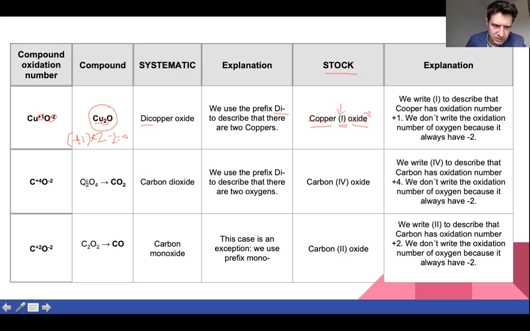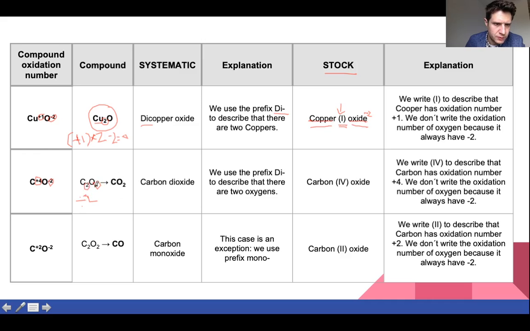Okay, in this case, carbon dioxide. This is very tricky because in this case, carbon has oxidation number 4, and we swap. Okay, we put it close to oxygen, and oxygen, of course, again is -2. We put it close to carbon, and we divide by 2. Therefore, 2 divided by 2 is 1.